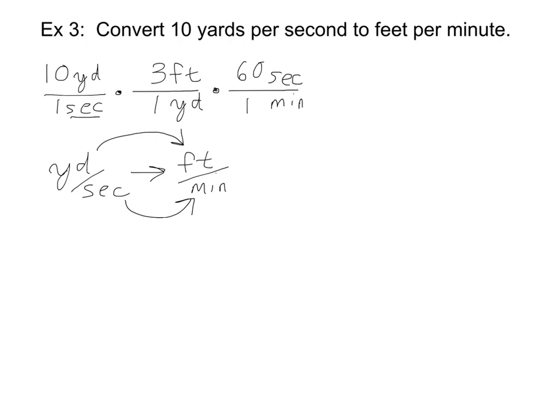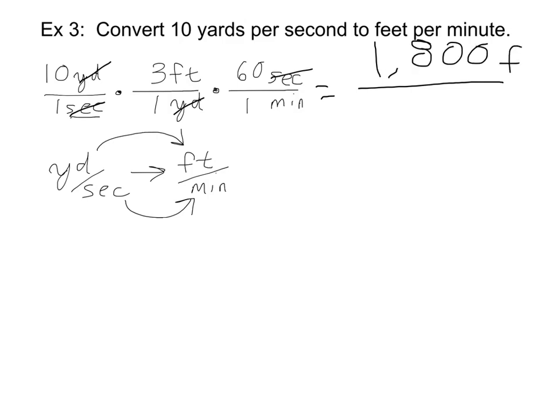Now before we go any further, let's check to see if we get our correct cancellations. We're going to start here with our seconds. They cancel out. And then the other ones that we look at are our yards. Those also cancel out. So if we go ahead and multiply across the top, 3 times 10 times 60, we're going to come up with 1,800.